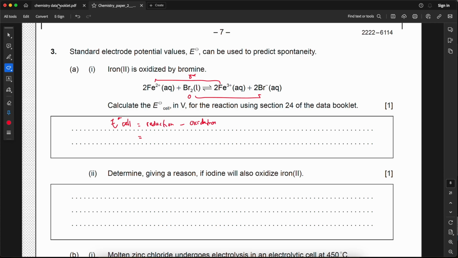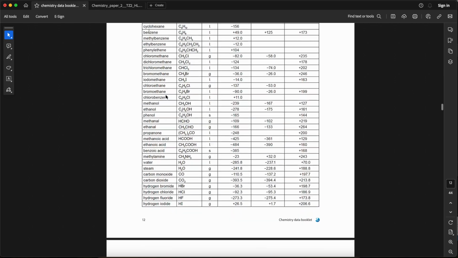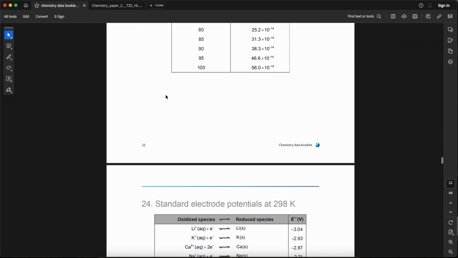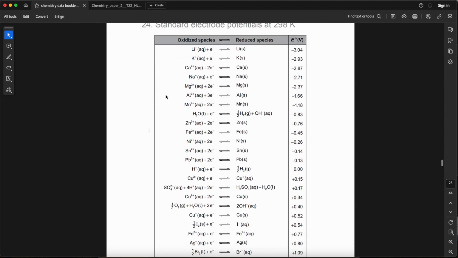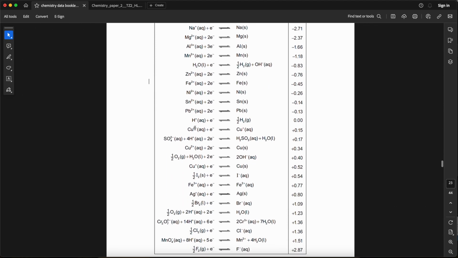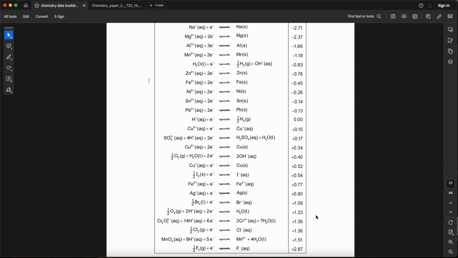So let's see section 24. All right, so for reduction, Br is right here, plus 1.09.